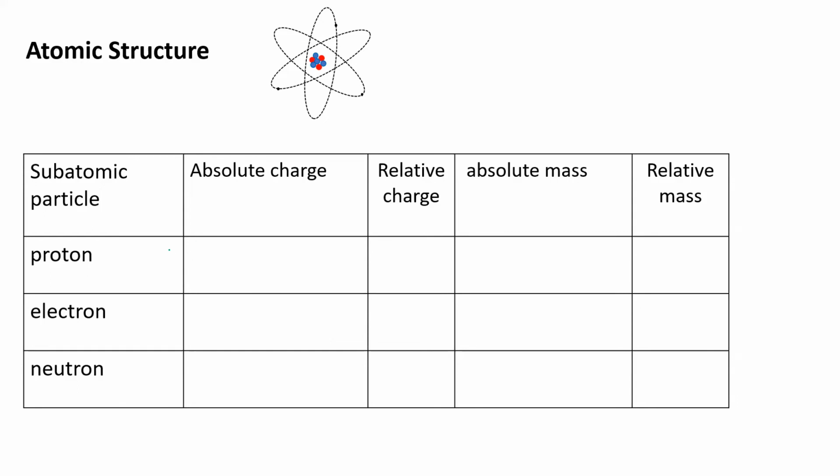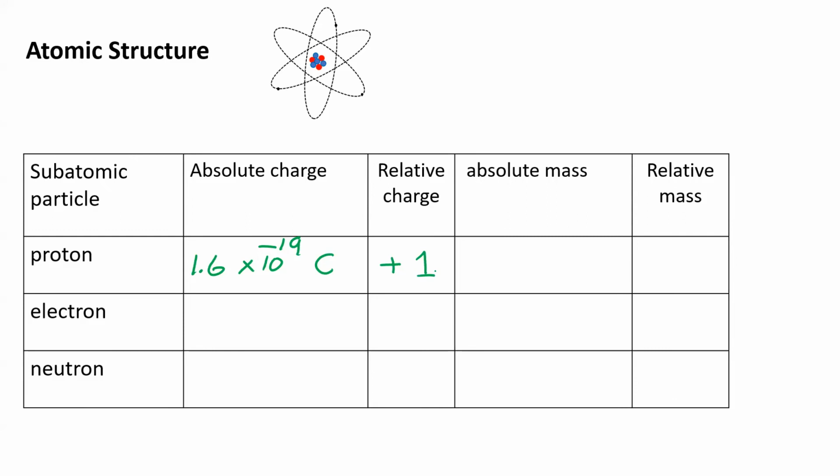The absolute charge of the proton is this. You can see the absolute charge is given in units of coulombs. And we know the relative charge, that is what we give as +1.